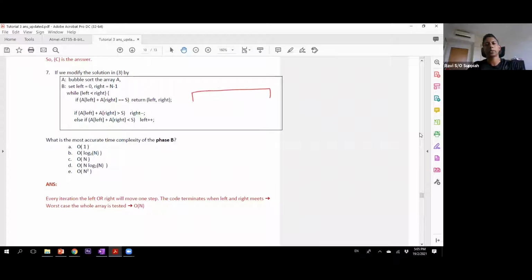After I do a bubble sort, I have two indexes, left and right. Then I check whether it's possible. If it's not, then I look at whether the number is bigger or smaller, and depending on that, I decide to either increment this or decrement this. So I keep on doing it in a loop.